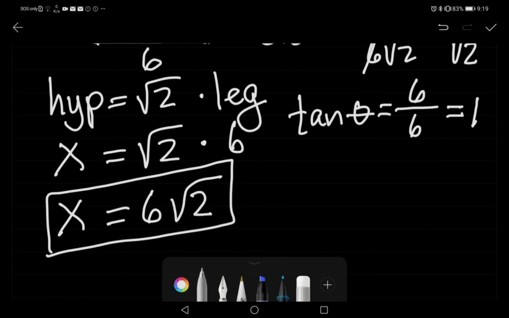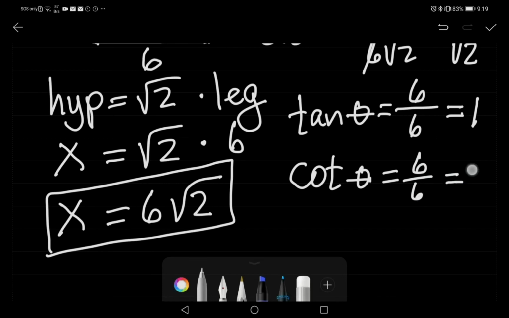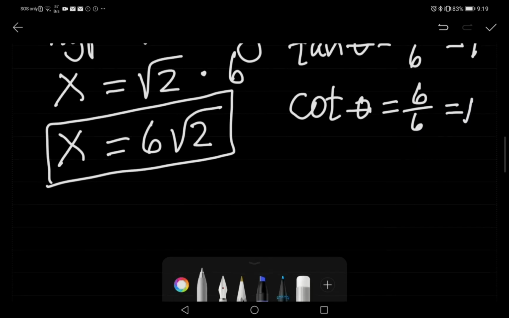Then we go to cotangent theta. Cotangent theta is just the inverse of the tangent. So just the same, 6 over 6 equals 1.